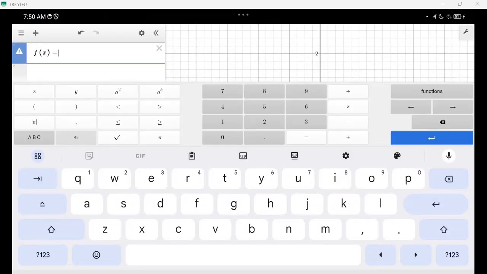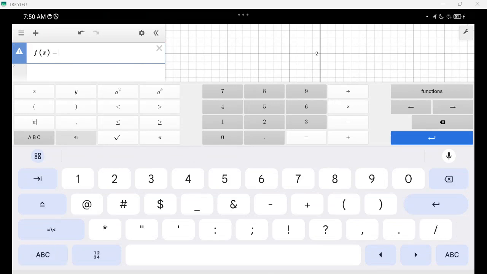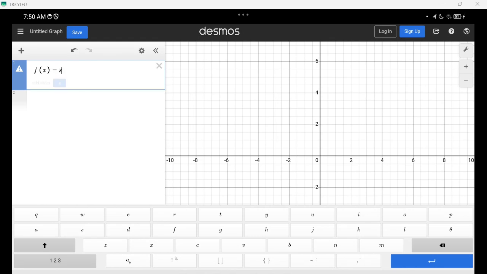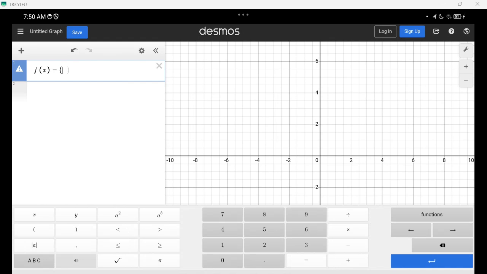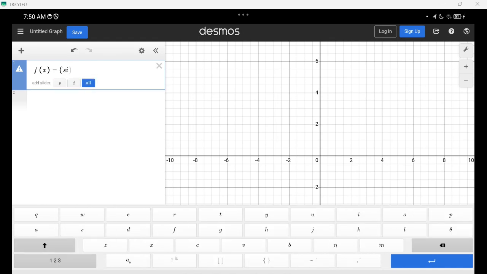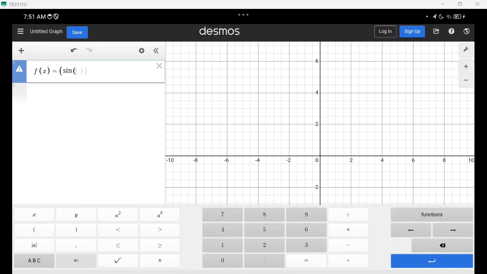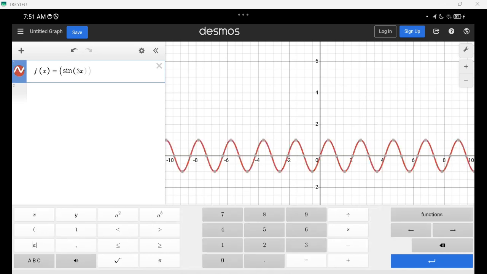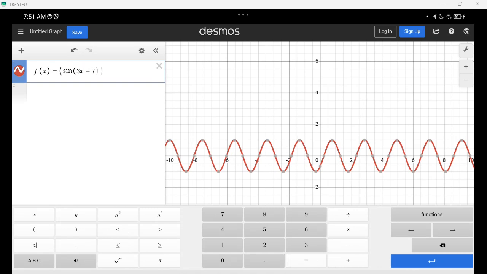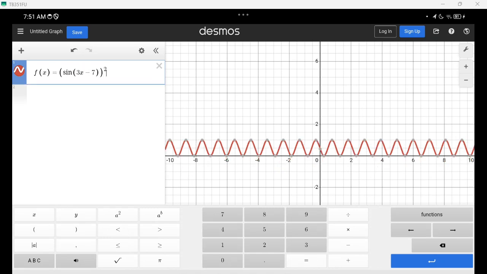So in parentheses, 2 sine, another parentheses, 3x minus 7. But squared, so I want to square the whole sine, so I'm going to do it that way.